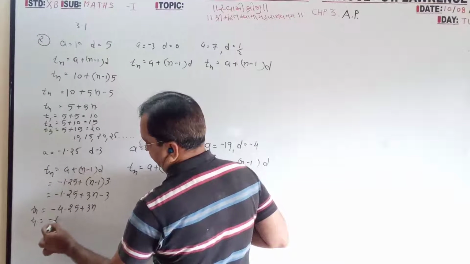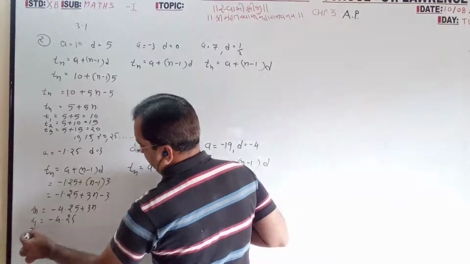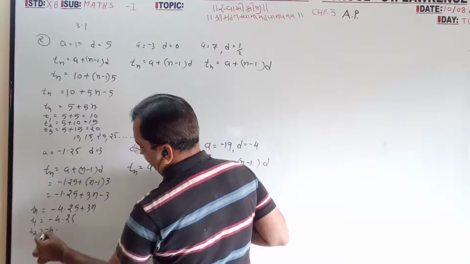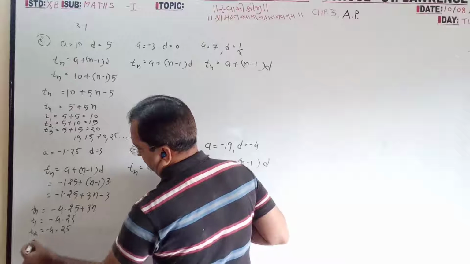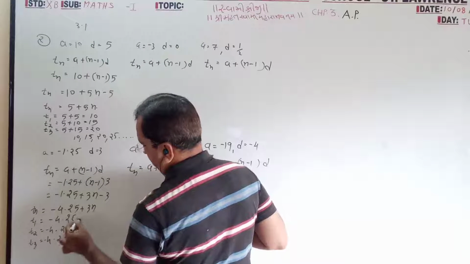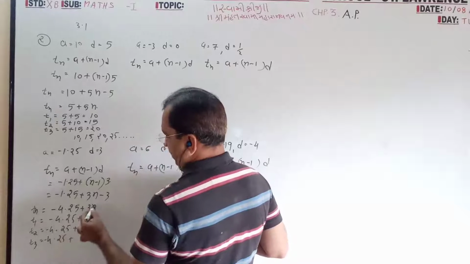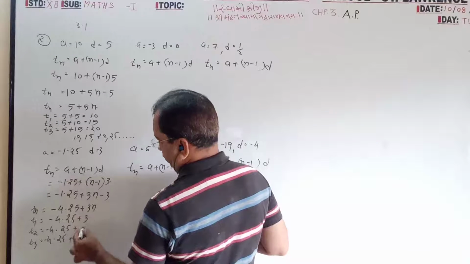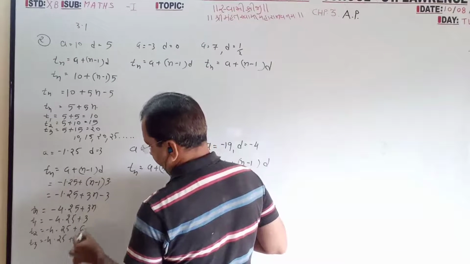T1, T2, T3: minus 4.25 plus 1 time 3, 2 times 3, 3 times 3.